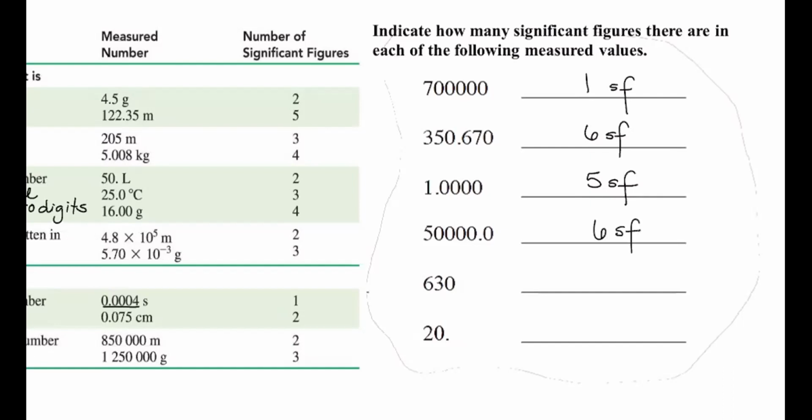All of those zeros are significant. What about 630? How many sig figs? Excellent job. 2 sig figs. Lastly, 20 with a decimal place. Great job. This has 2 sig figs. Okay. Questions about sig figs?